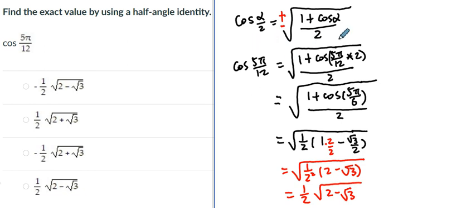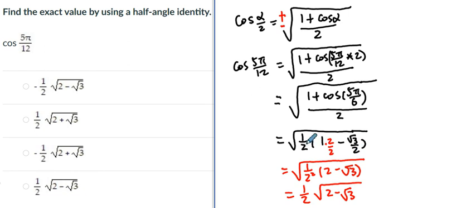By this half angle formula, if here is 5 pi over 12, then on this side you double it. That will be 5 pi over 12 times 2, which is 5 pi over 6. So 1 plus cosine 5 pi over 6, divided by 2. And if we remember, cosine 5 pi over 6 is negative radical 3 over 2.